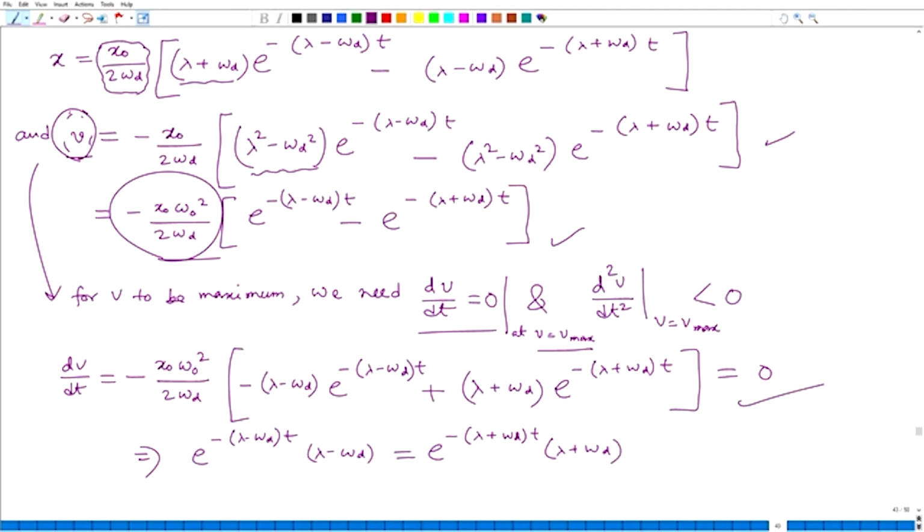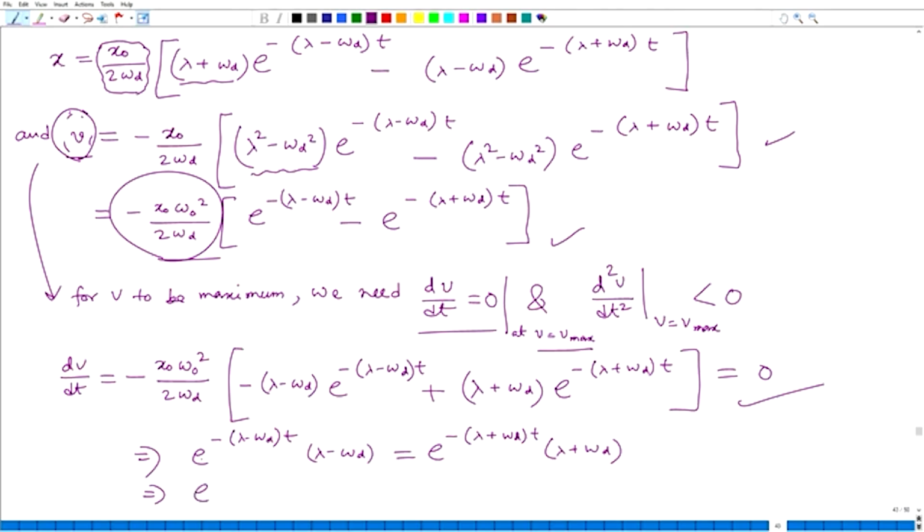And here you see there is one e to the minus lambda t and e to the minus lambda t which can get cancelled. Okay. And then we can have e to the plus omega d t, here also you have e to the minus omega d t. So, we can take them together.